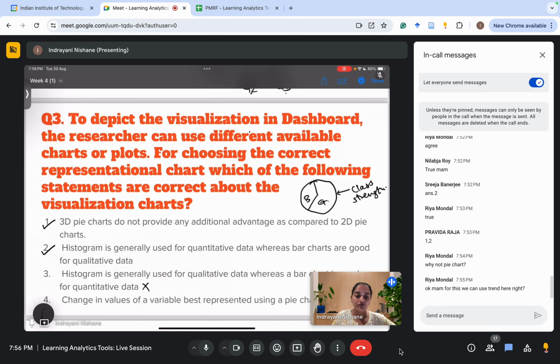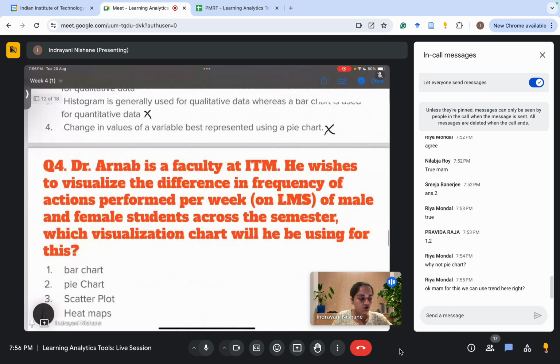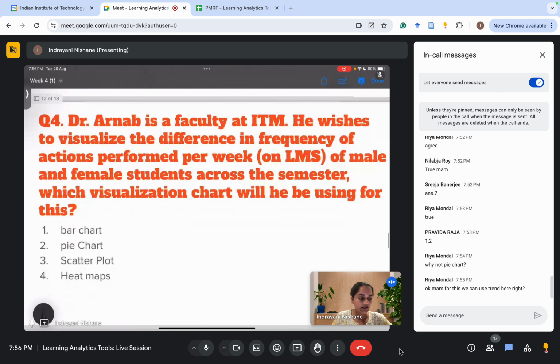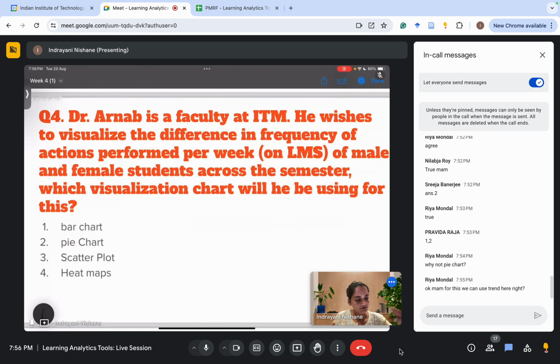Those visualizations are more suitable for trend type of data and not the pie chart. A pie chart will give us information about out of 100 how many boys and how many girls were present, and so on. So change in value will not be best depicted using a pie chart.